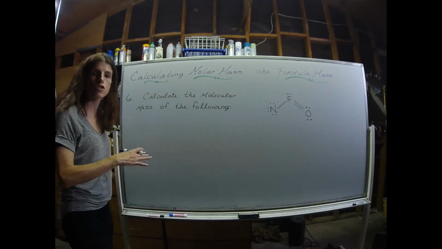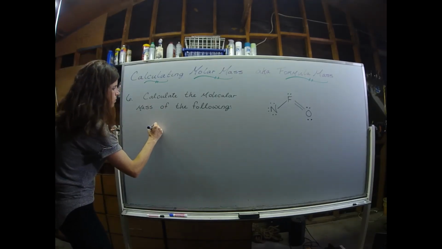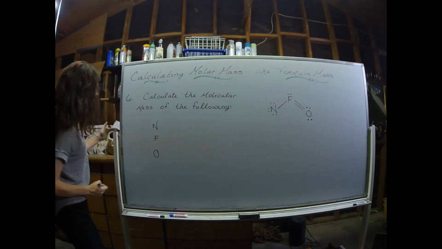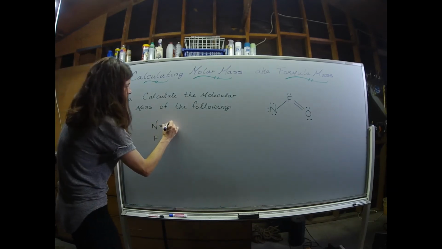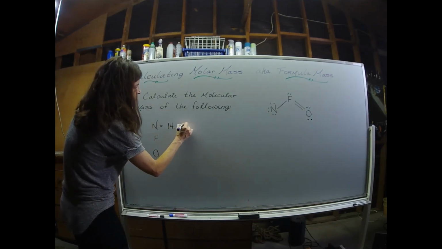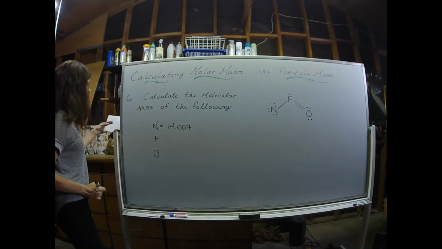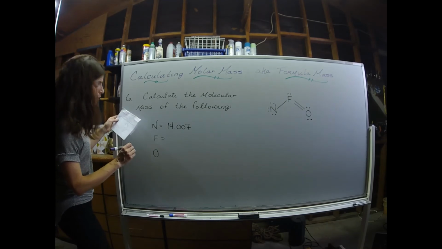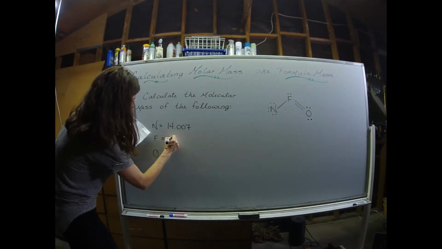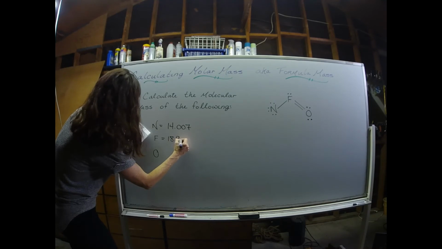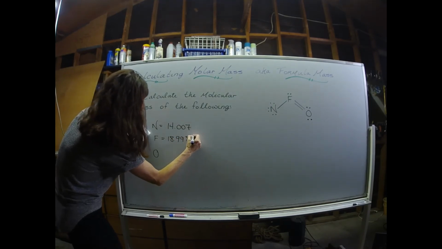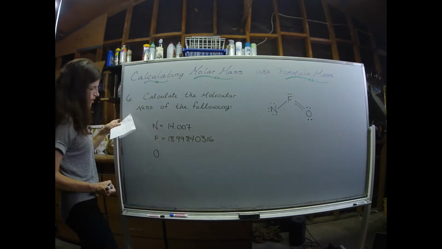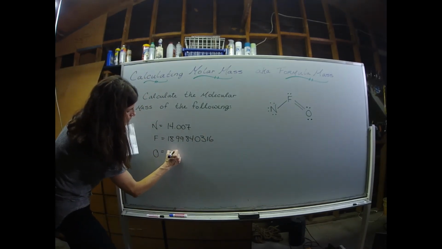Another Lewis dot structure to interpret. On this one we have 1 nitrogen, 1 fluorine, and 1 oxygen. So nitrogen is 14.007. Fluorine, this periodic table with the fluorine, that's a lot of sig figs. I don't understand, but 18.99840316, and the oxygen is 15.999.